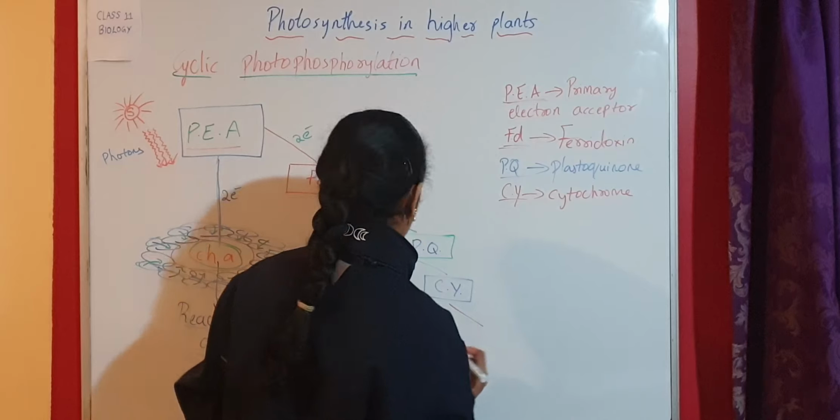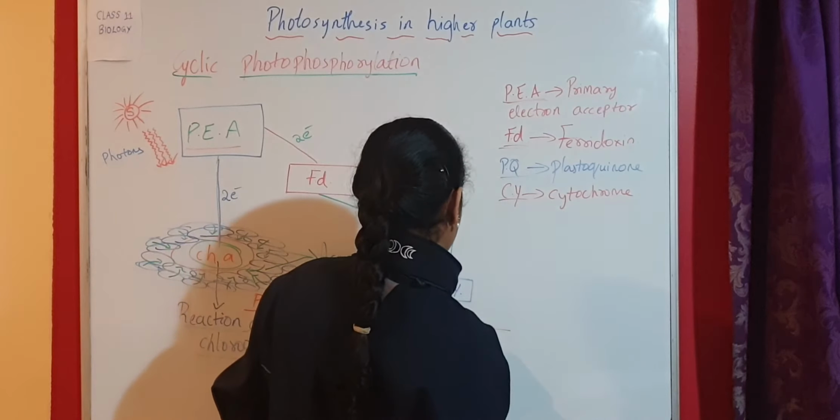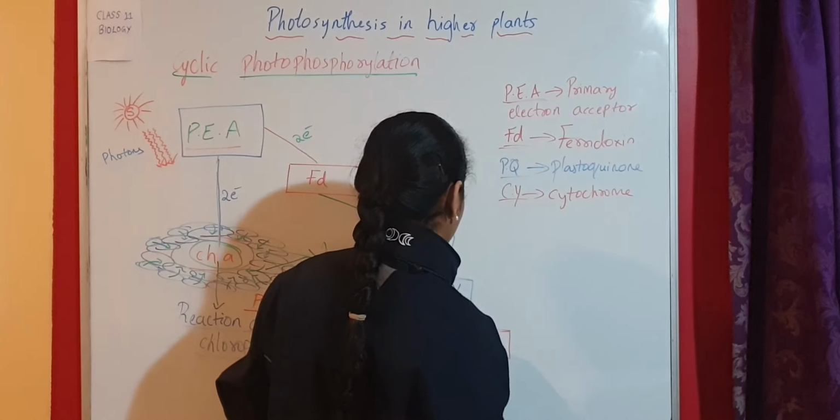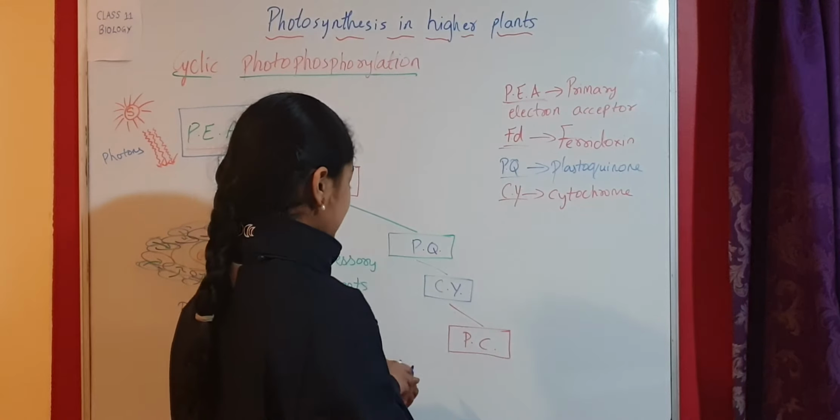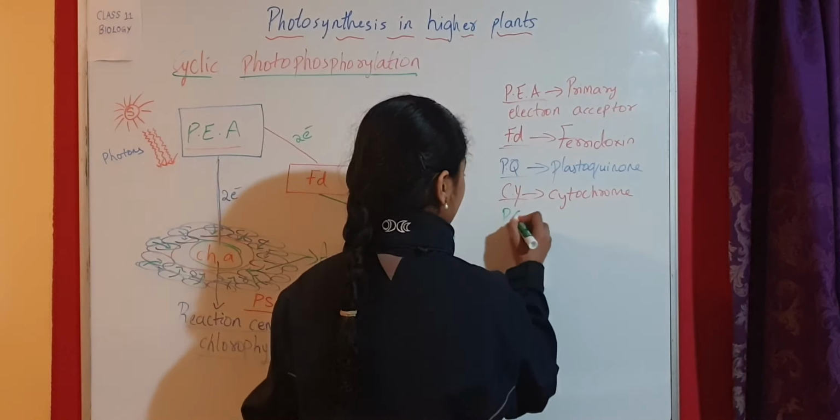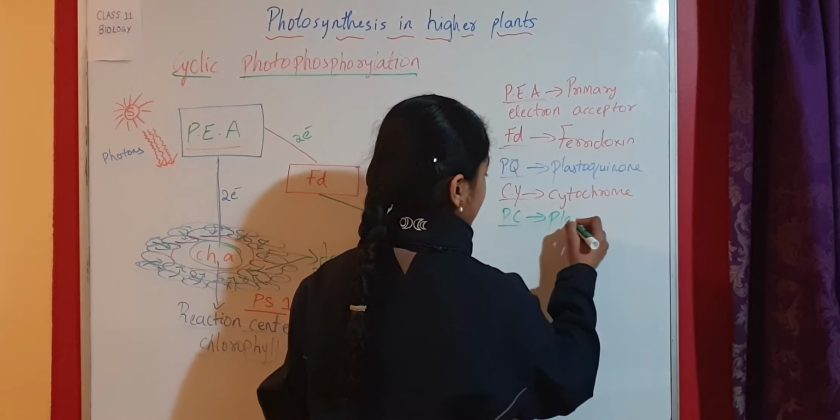Again, from cytochrome it is going to go finally to PC, and PC is plastocyanin.